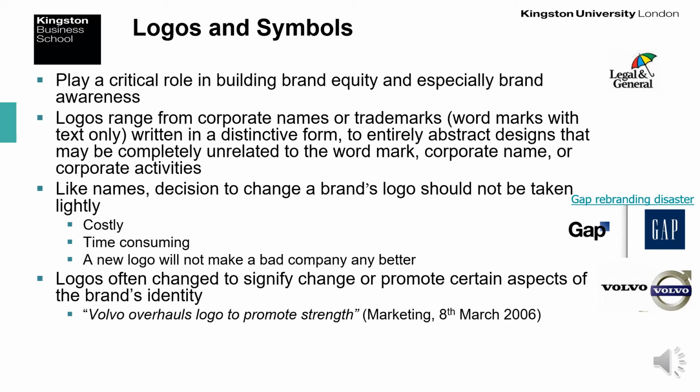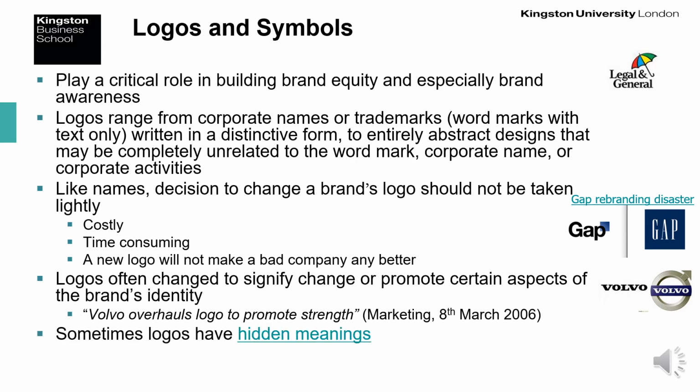They added the circular device to promote the strength of the vehicles, the way they protect the driver and the passengers. So the logo change here is all about signifying a particular aspect of the brand's identity and making sure that that is communicated clearly to the customer.